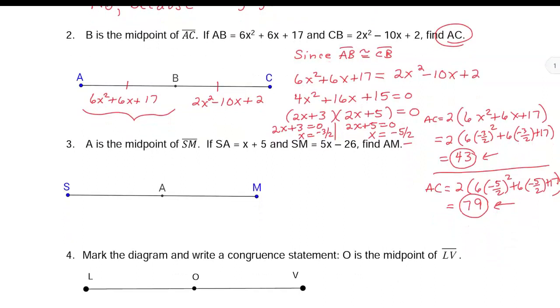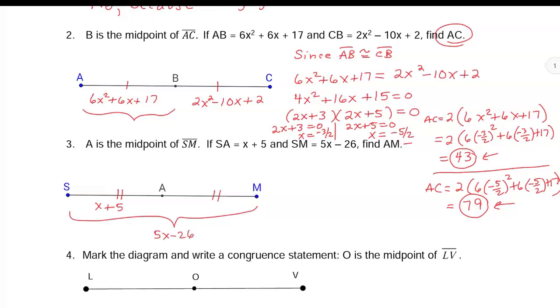In number 3, A is the midpoint of SM. Please mark the diagram right away. You could do double tick marks if you wish. So that's another way. SA is x plus 5. And this time we get the whole segment SM is 5x minus 26.